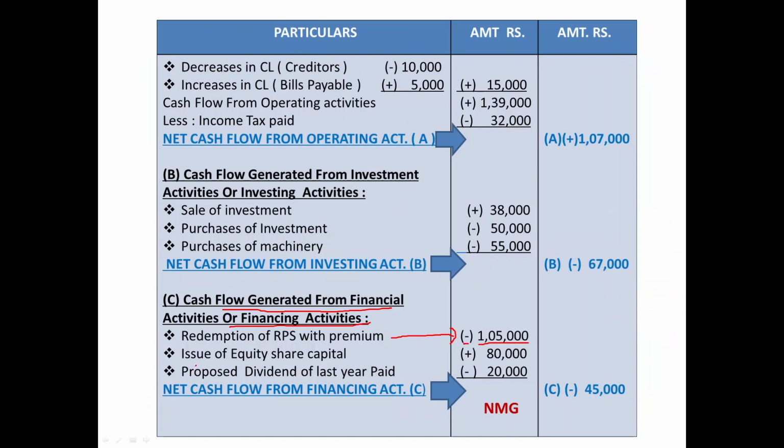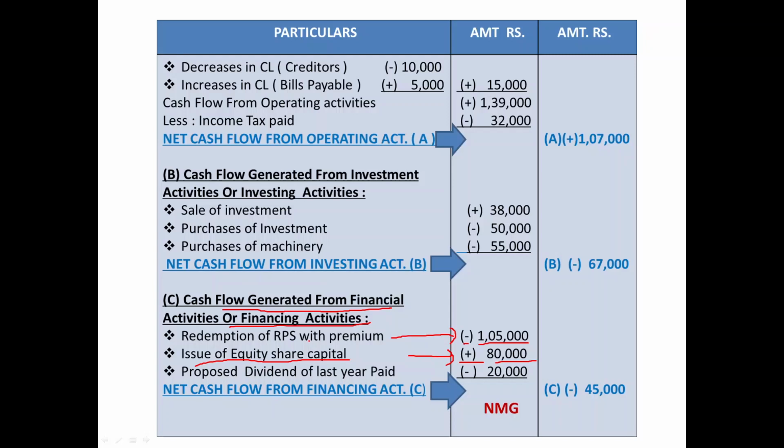Issue of equity share capital plus means cash inflow 80,000. So after the conversion of debentures, we prepared the working note, we gave the posting in the concerned ledger accounts, we closed the debentures account, we closed the share premium account.